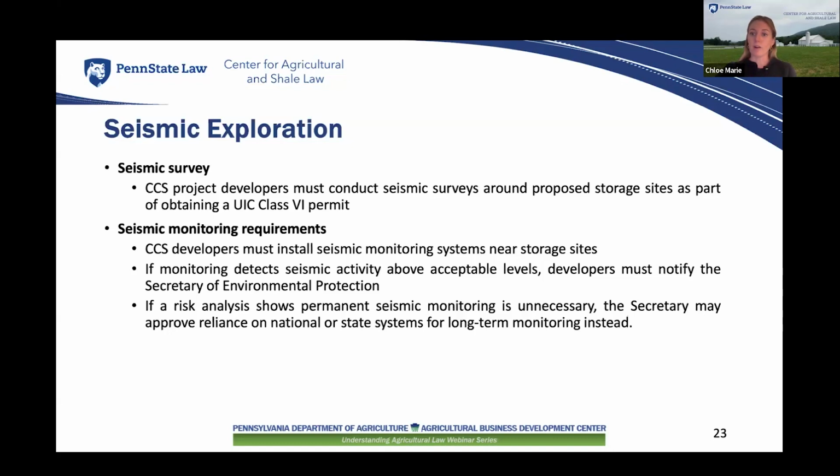So this data helps evaluate the risk of induced seismicity, which are man-made earthquakes caused by injected fluids into the ground. And if monitoring detects seismic activity beyond acceptable levels, the developer must notify the Secretary and take action to mitigate the issue. In certain cases, if a risk analysis shows that permanent seismic monitoring is not needed for a project, the Secretary may allow the developer to stop local monitoring and instead rely on national or state systems for long-term observation.